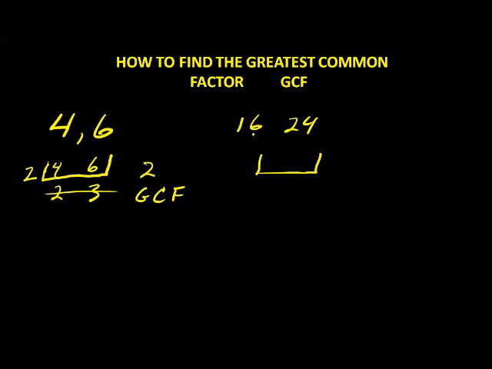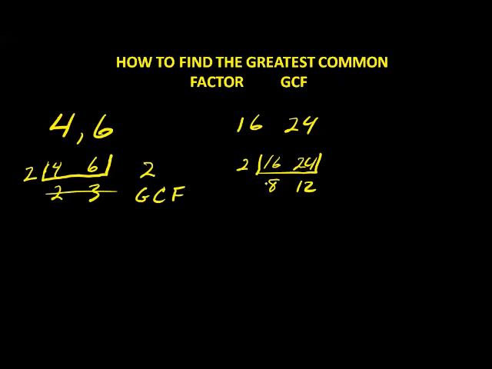And on the ladder, we're going to set our 16 and our 24. And we're going to divide it by, well, I know 2 will divide into 16 and 24 evenly, so I'm going to divide 2 into 16. That gives me 8. And I'm going to divide 2 into 24, and that's going to give me 12.